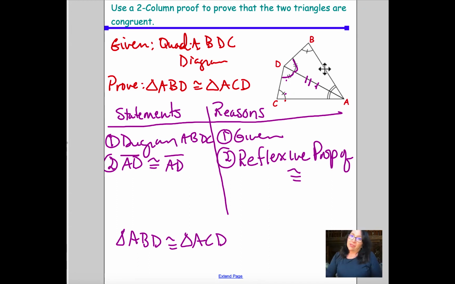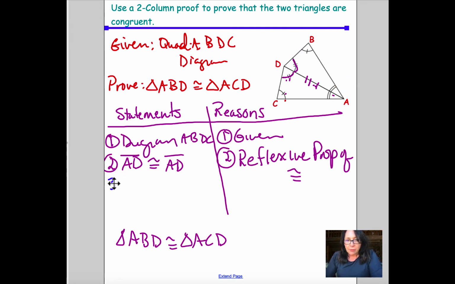Or I could say that the two triangles are congruent by angle, side, angle. So it's just a matter of what you want it to say. You cannot say the two triangles are congruent by angle, angle, angle. You must have at least one side that's congruent in both of the triangles. So we do have a side, AD is congruent to itself, and I'm just going to choose.